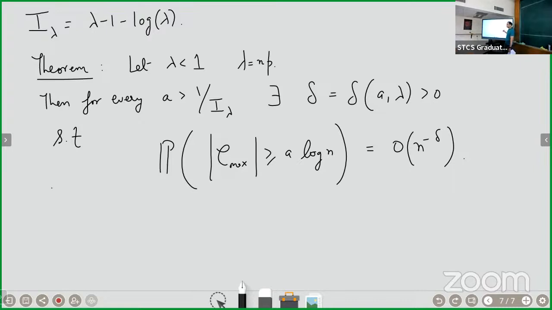So essentially, this result says that with high probability, the largest connected component is of size less than a log n. Delta is the power exponent. There exists one. It will depend on both a and lambda.